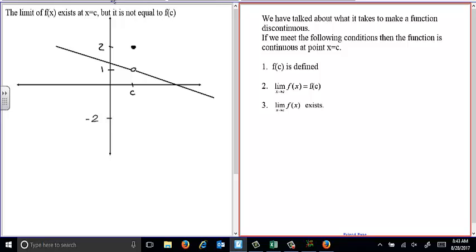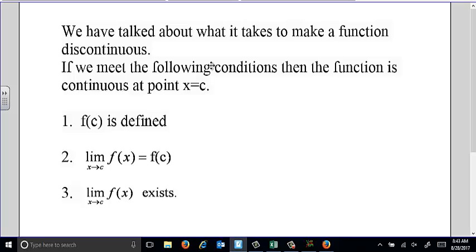So here's the actual continuity. Let me put this on one page. If we meet the following conditions, then the function is continuous at point x equals c. So it's the opposite of the definitions of discontinuity. If it's not discontinuous, then it's continuous. So for a function to be continuous at x equals c, the function has to be defined, the limit has to exist and be equal to the value of the function.